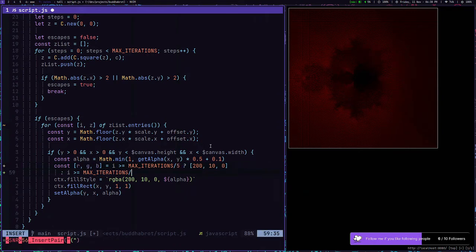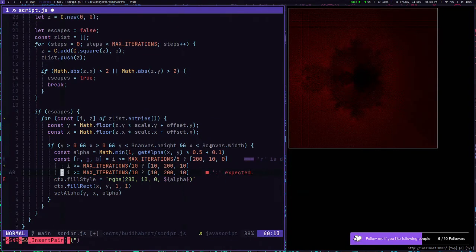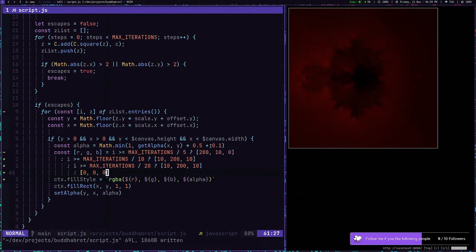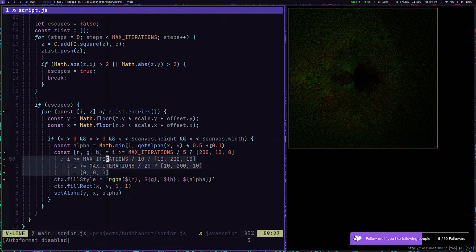Oh, maybe it's not. Let's see what happens. Let's do 10, 200, 10, and let's leave it at else. Or let's do 20 as well. And the rest we just leave it. Else we do 0, 0, 0. That's good enough, right? Let's do R, G, B. Okay, the formatter screwed it up.